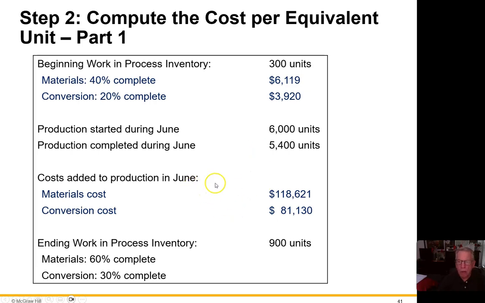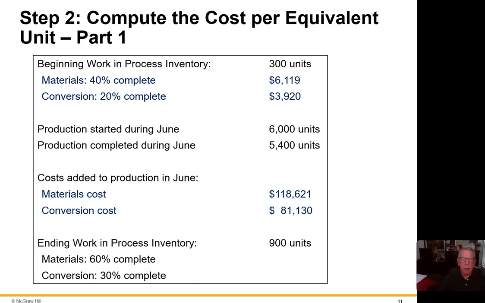Costs added to production, materials cost was $118,621, and conversion costs, labor and overhead, were $81,130. You'll remember that our ending work in process inventory was 900 units, right? With materials 60% complete, conversion 30% complete.